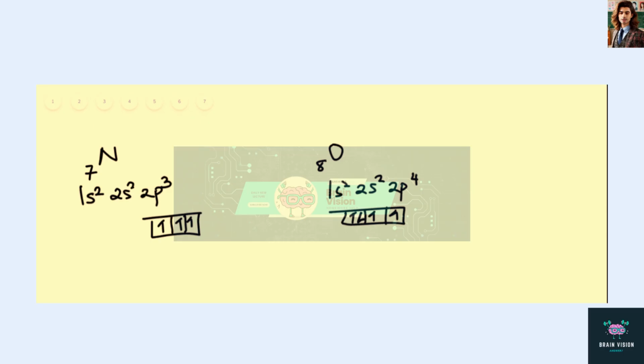So this leads to a decrease in the first ionization energy when we are going from nitrogen to oxygen. So these are some of the exceptions to the ionization energy trend on the periodic table.